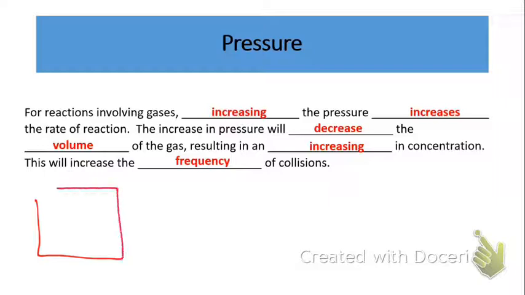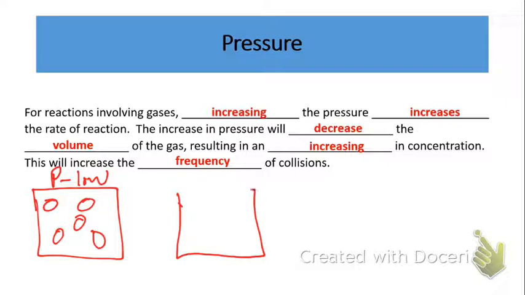So if we have a container here, and it's got gas particles moving around, and it has, let's say, a low pressure. But if we increase the pressure of the container, that means that the volume goes down. Actually, let's make a smaller volume here.